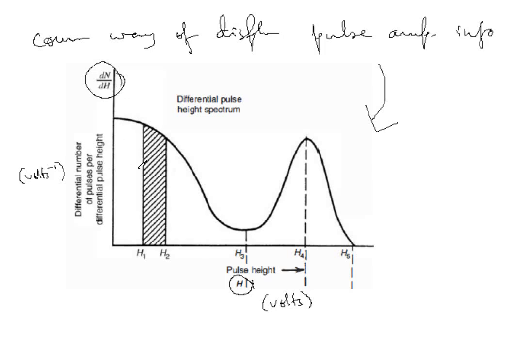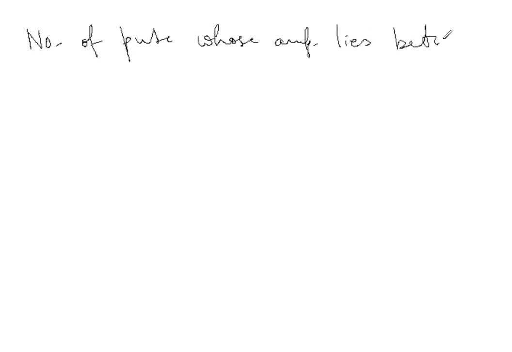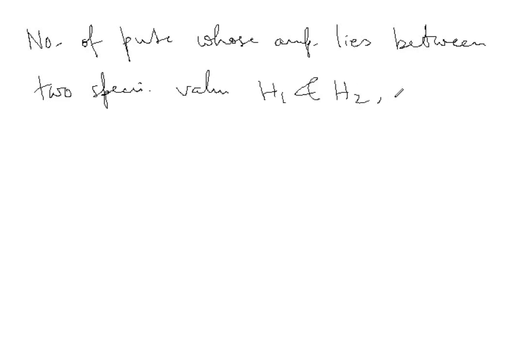Now consider the number of pulses whose amplitude lies between two specific values, say H1 and H2.